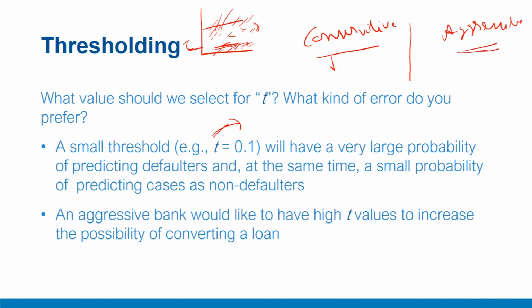Contrast this to an aggressive bank strategy. That bank would like to give loans to most loan applications, and therefore it would like to reject only high-risk borrowers. So it will select a higher threshold, probably on the higher side here, so that those that are rejected, it is very sure are definitely not the good ones.